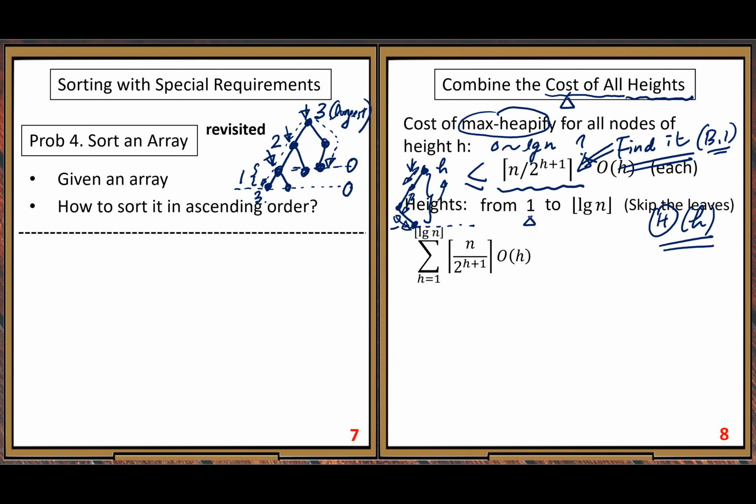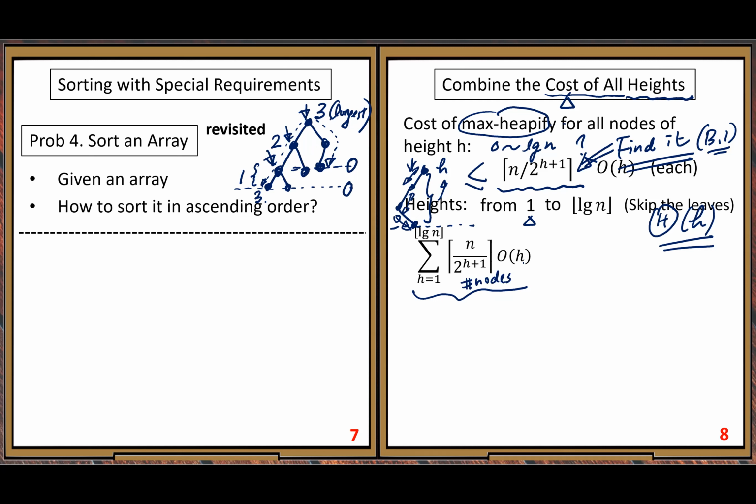Now let's look at the cost expression. This is the cost expression. It uses summation notation. I hope you know the summation notation, the big sigma. There are 2 parts. The first part is the number of nodes with height h.